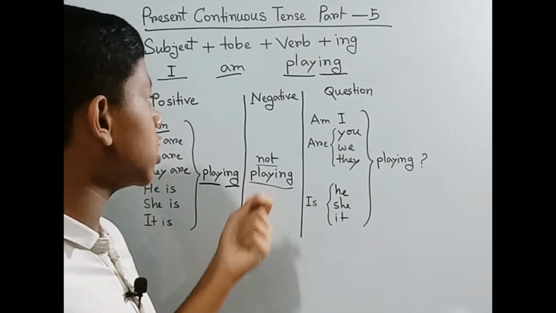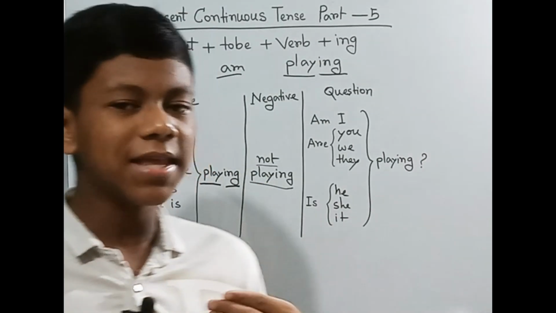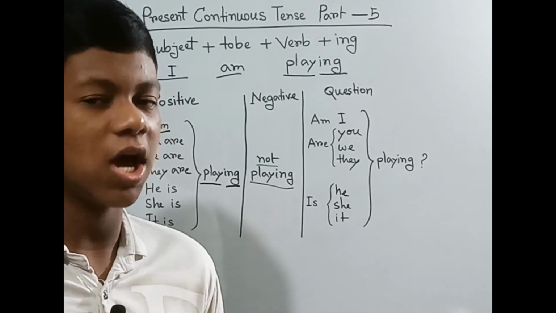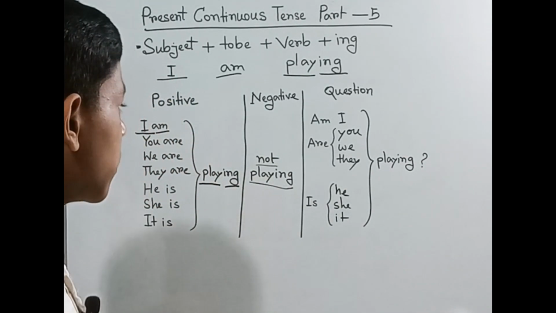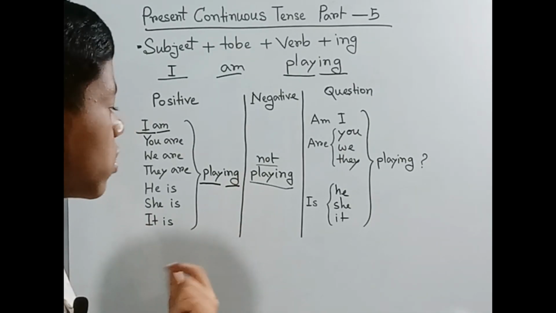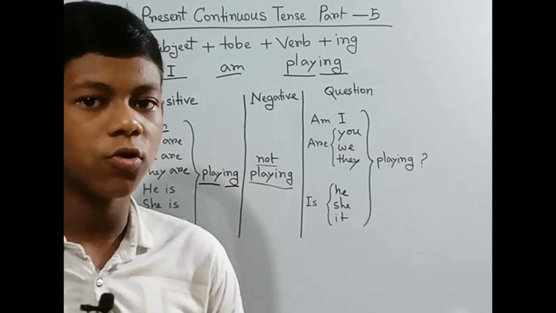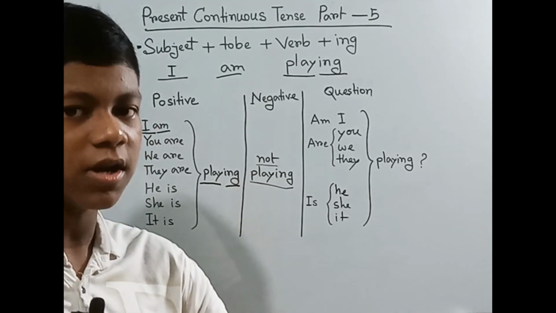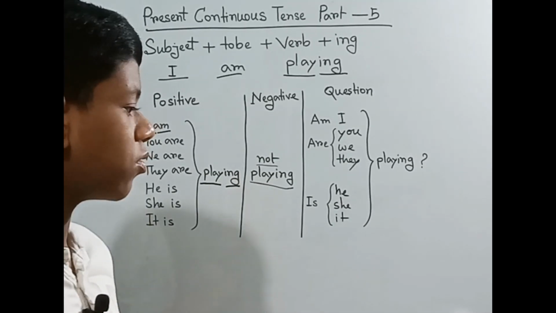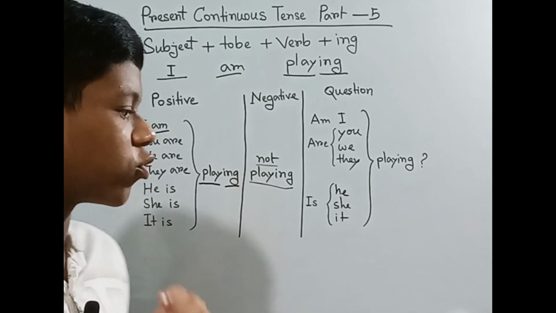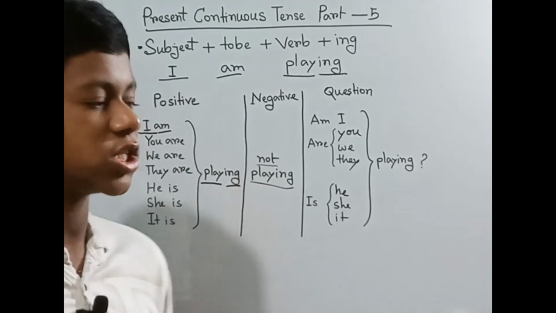So in the negative, we simply add not and then verb plus ing after the to be verb. We can also do the contraction between am not, are not, but we will learn that in the next part. You just have to keep in memory that you have to add not in the negative.